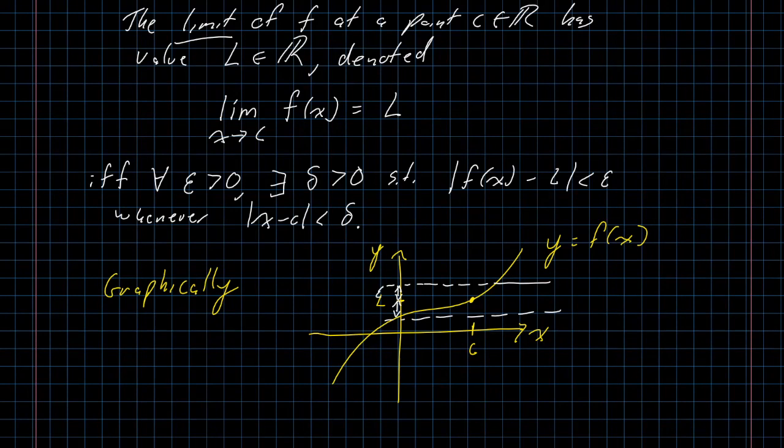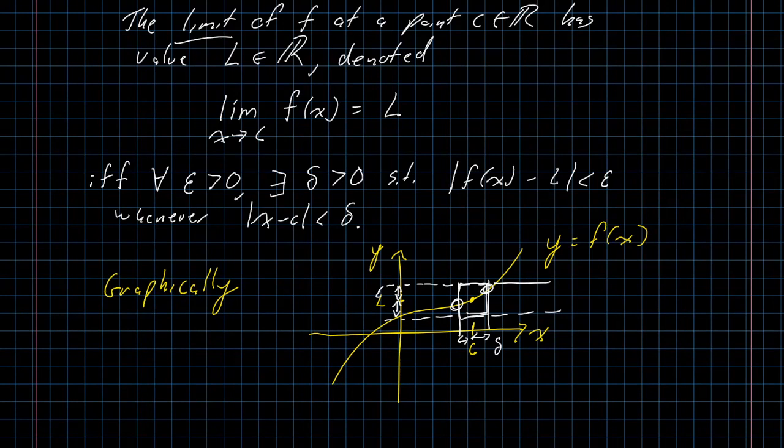And the claim of this definition is that no matter how wide or narrow I draw those horizontal lines, there must be a way to draw some vertical lines centered around c, a distance to left or right of c measured as delta, so that it draws a box around the function and the graph exits the box on the left and on the right, not on the top and bottom.